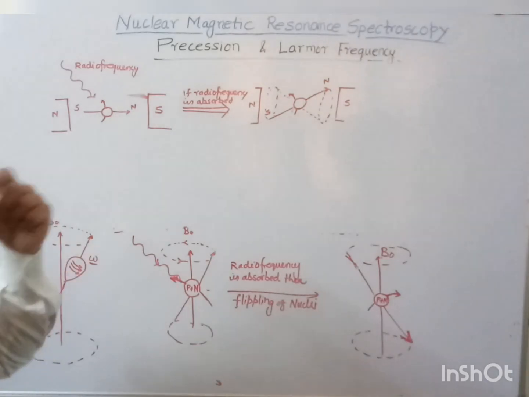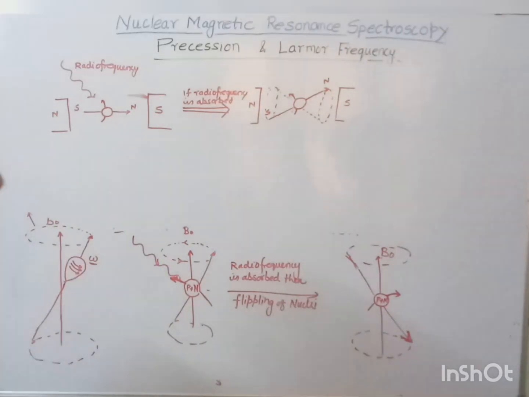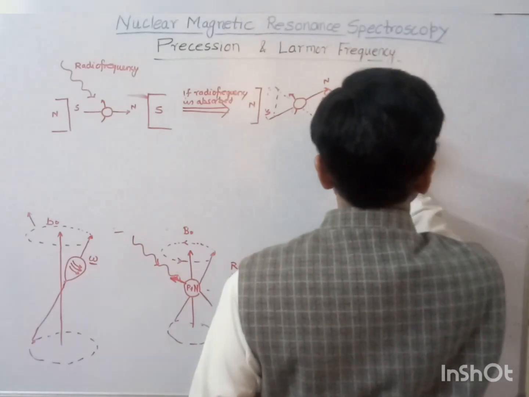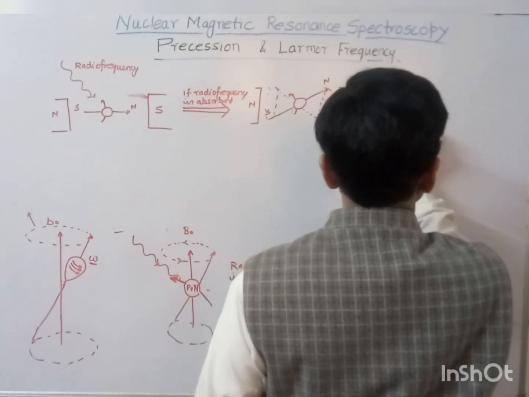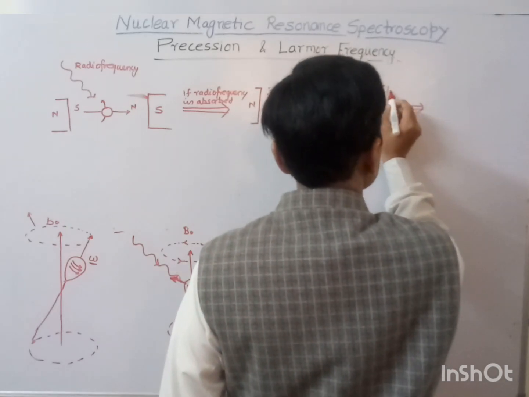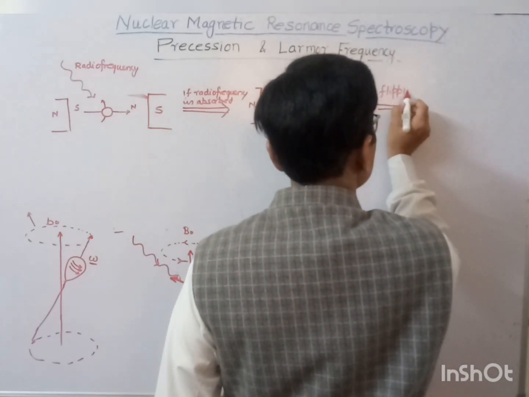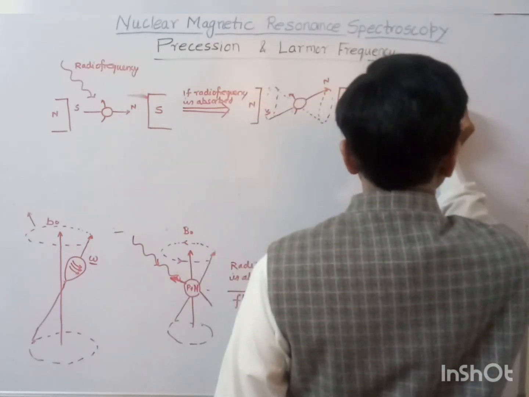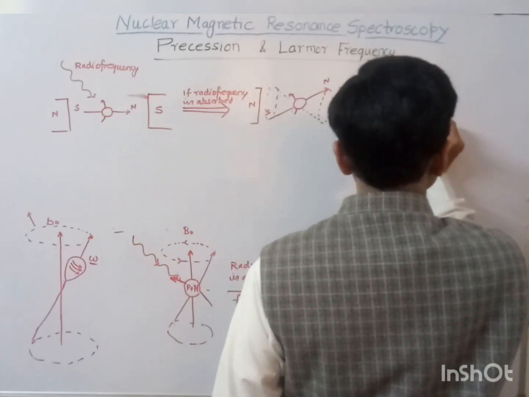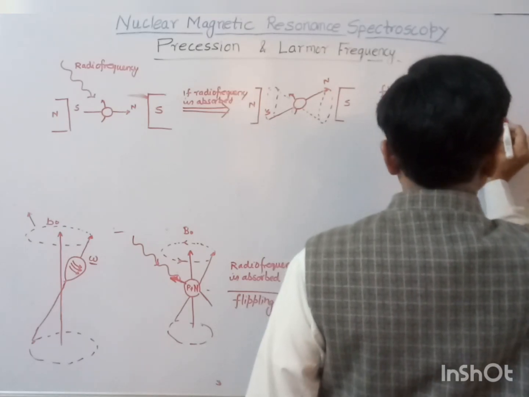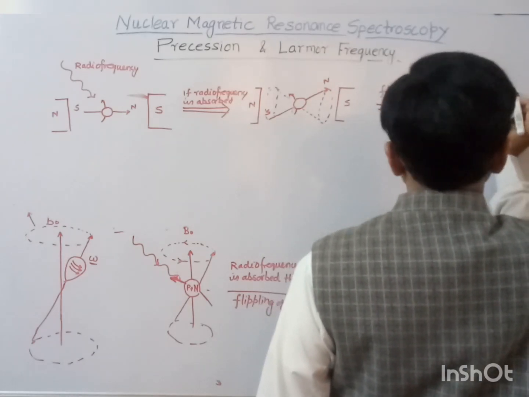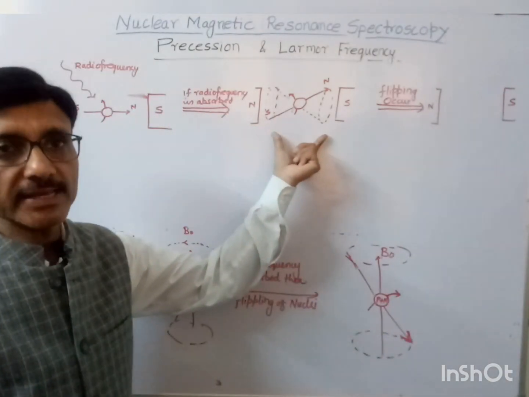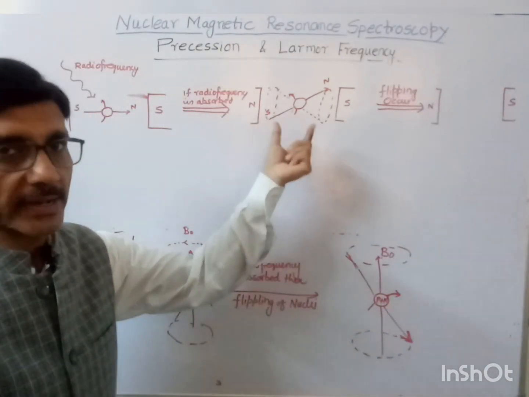So when this radio frequency is absorbed, as soon as it starts precessing, and after absorption, what will happen? Flipping will take place. Flipping occurs. So initially the direction was this, and after that the nuclei is in the direction of magnetic field.